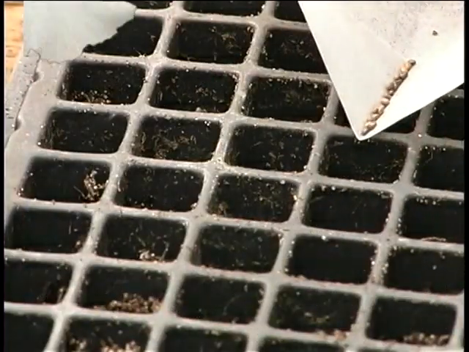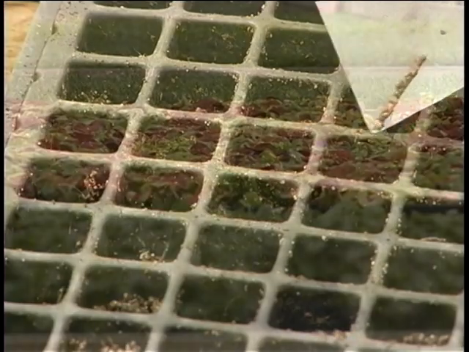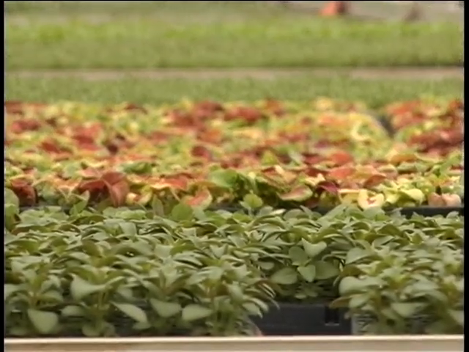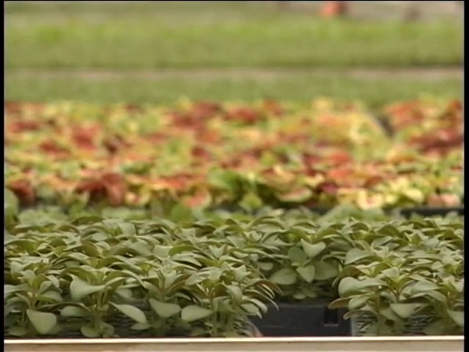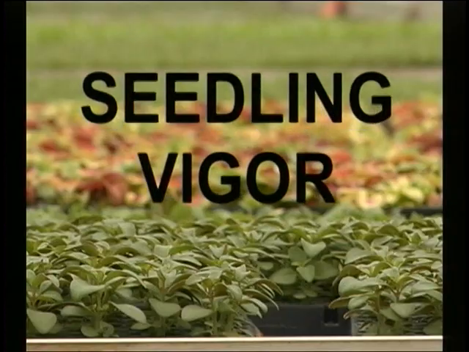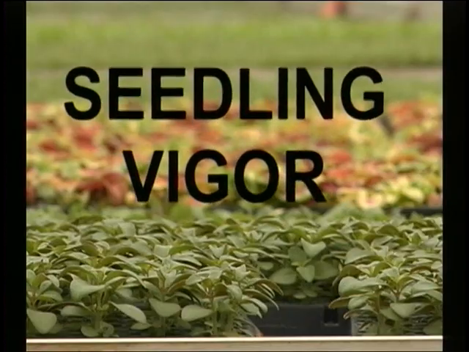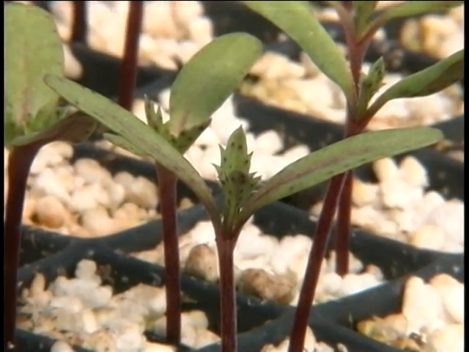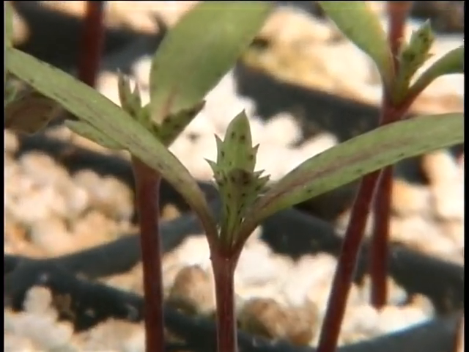Yet another benefit of growing plants from seed is the speed of growth and development displayed by many seedlings. This quality, often called seedling vigor, can be seen in the overall vitality of the developing plant. Now let's take a look at the anatomy of a developing seed.